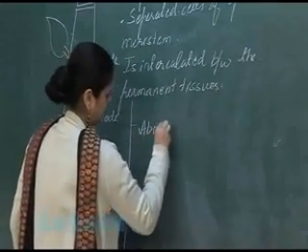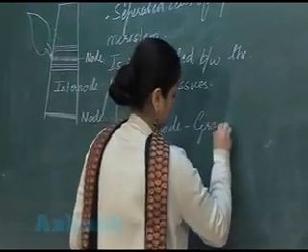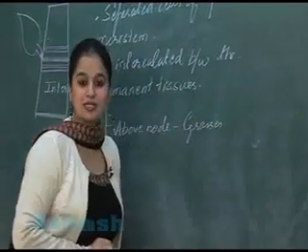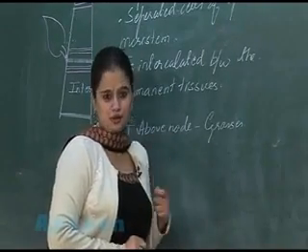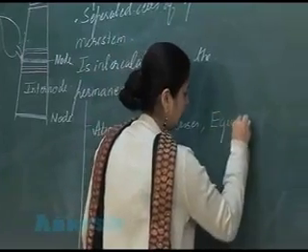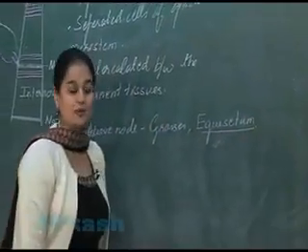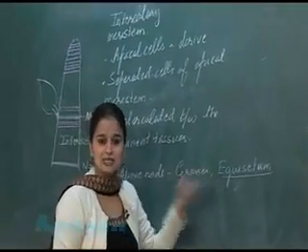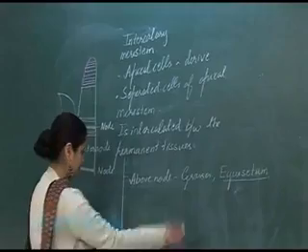Above the node, it is seen in the case of grasses, one of the categories of plants under the monocots. Along with that, it is also seen in the lower plant, that is Equisetum. It comes under the category of pteridophytes.